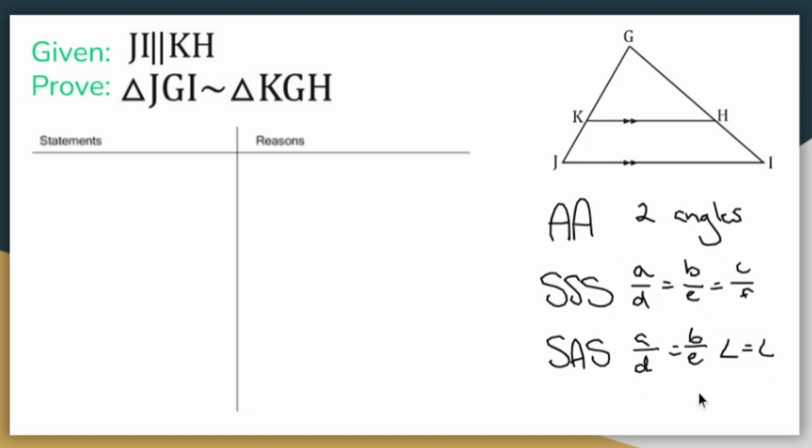So what I'm going to do here is see what information I have. I have the fact that JI and KH are parallel. Now that would make J and K congruent because they're corresponding angles.